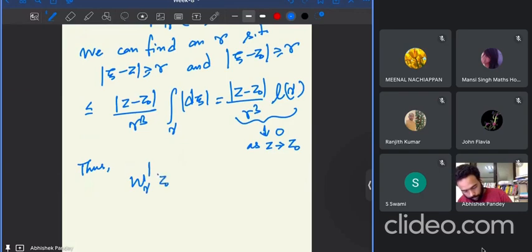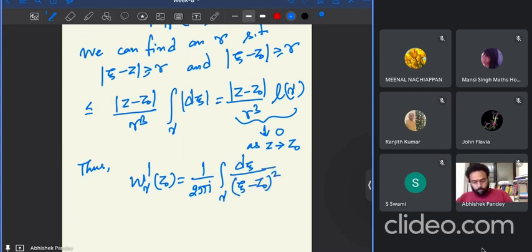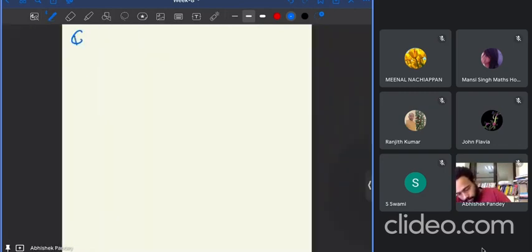And thus we have W gamma of z naught is 1 upon 2 pi i integral over gamma d xi upon (xi minus z naught) square. Okay, so we know that C minus gamma is an open set.